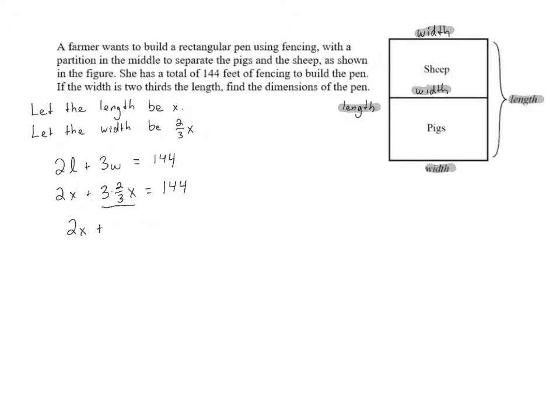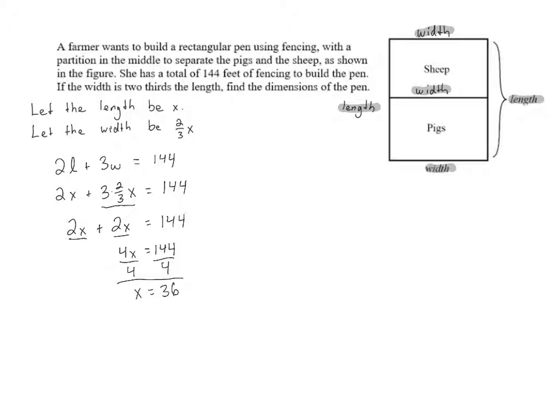So we have 2x plus another 2x equals 144. If we combine like terms on the left, 2x plus 2x is 4x. So we have 4x equals 144. And if we divide both sides by 4, that gives us x equals 36.